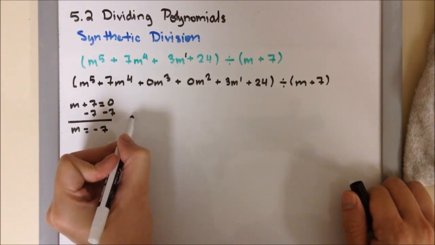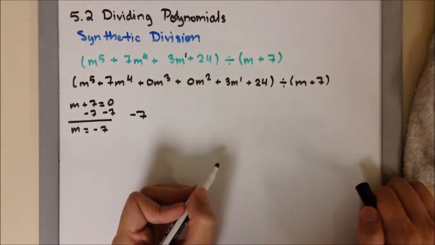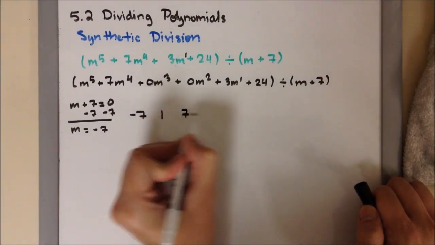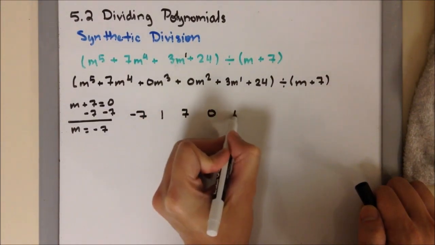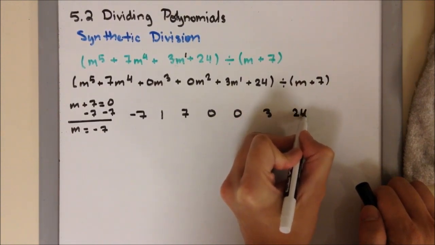Alright, I'm going to set it up. Negative 7. Then I'm going to use the coefficients. So 1, positive 7, 0, 0, 3, and 24.